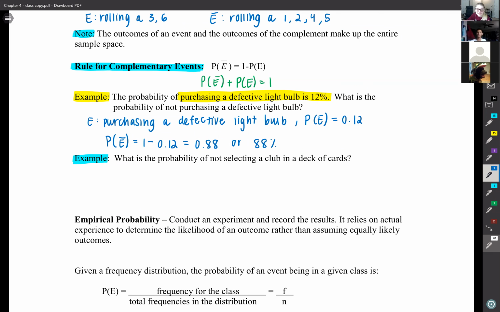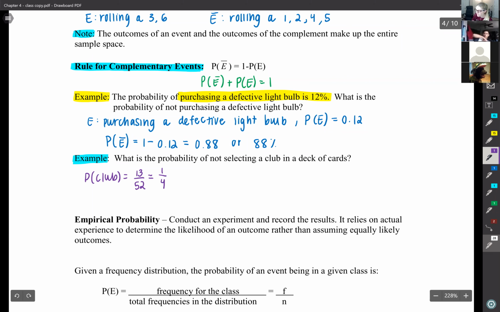But okay, so let's just write this out. So we know the probability of getting a club is going to be 13 over 52 or 1/4.